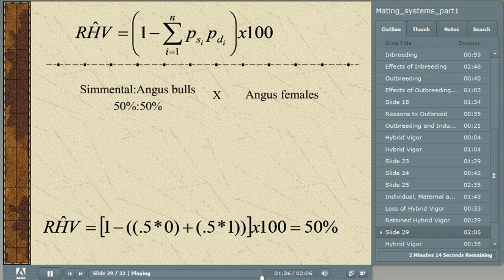There's 50% Angus in the bulls, and the Angus females are 100%. So if we look at that and do the math, we have 1 minus 0.5 times 0 plus 0.5 times 1. So that simplifies into 0.5 or 50%. 1 minus 0.5 is 0.5 times 100. We're going to keep 50% of that first cross heterosis in the offspring resulting from this mating.